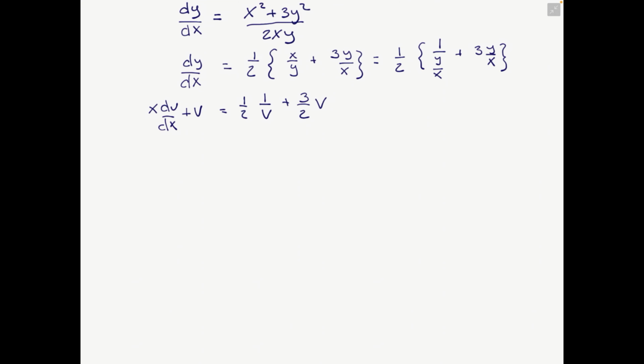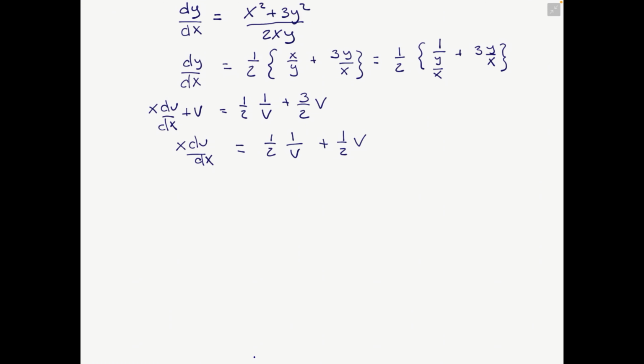And so now we bring the v over. We got dv/dx is equal to 1/2 of 1 on v plus, and that's minus v, so we got 1/2 v.